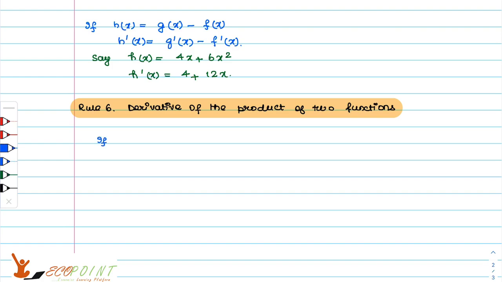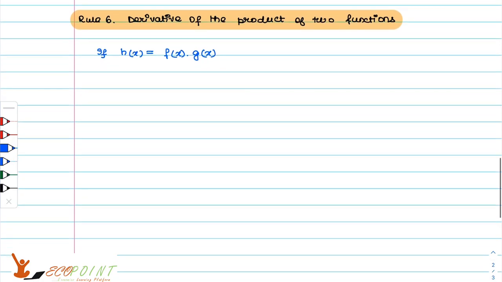So if h(x) equals f(x) into g(x), then h dash x is first function as it is into derivative of second function, plus second function as it is into derivative of the first function.